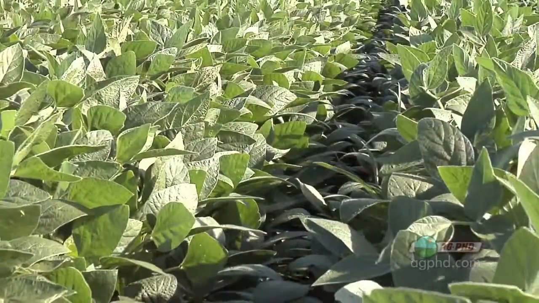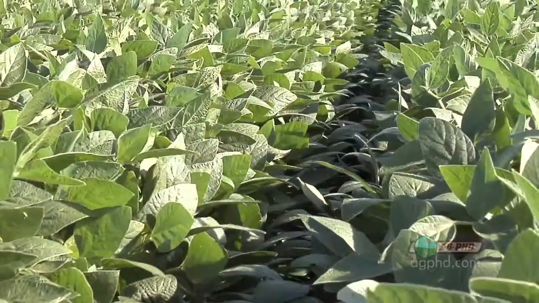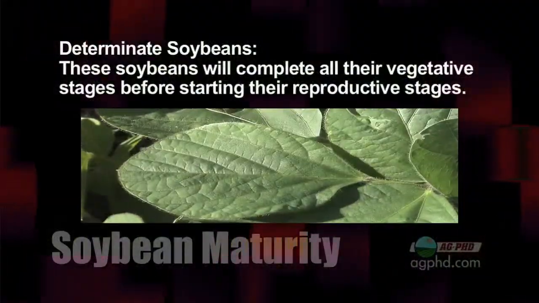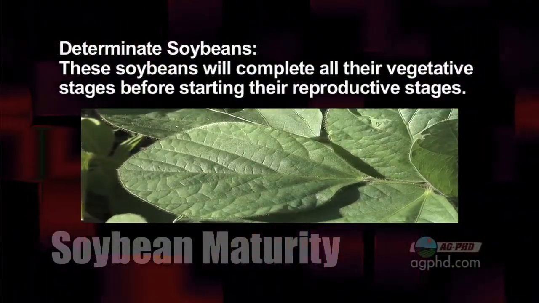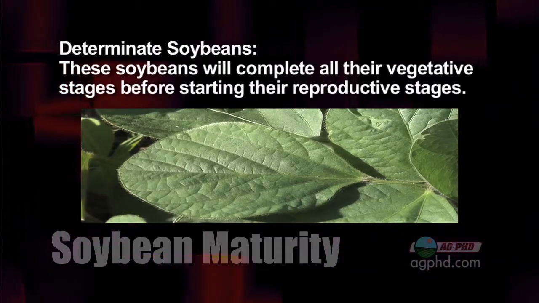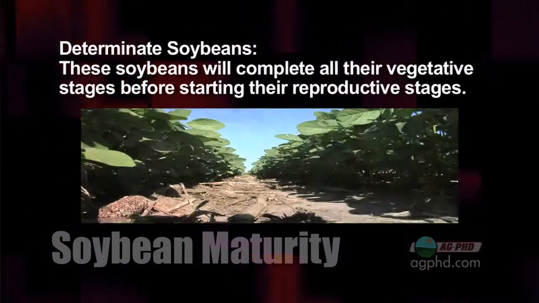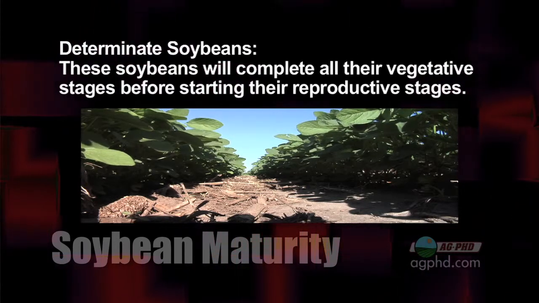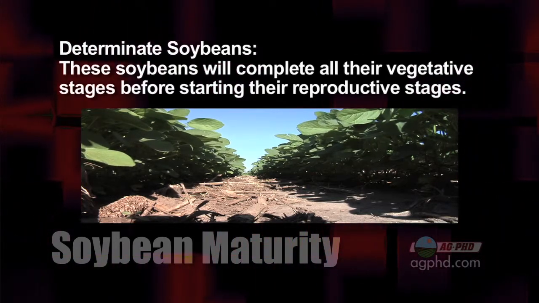Now that's different than determinate soybeans that you'll see in the southern U.S. Let's explain that a little bit. With determinate soybeans, they will get all of their vegetative stages done first before the reproductive stages start. They will grow to the full extent that plant is going to grow first, then they will start putting on seed. So it is a little bit different in the northern states.